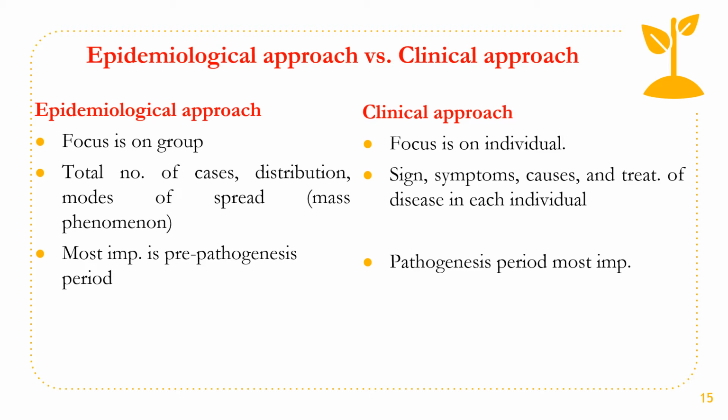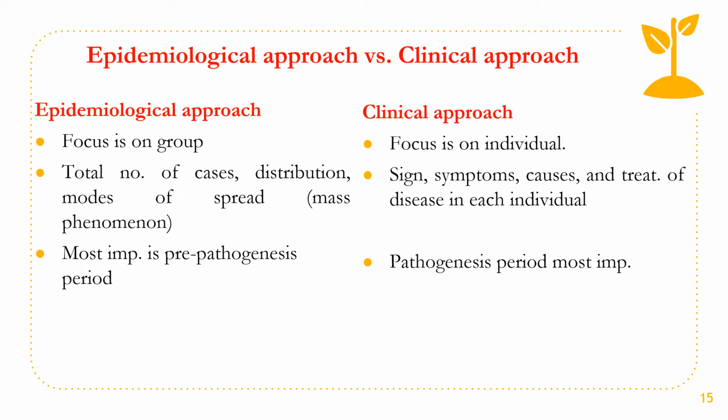But in clinics, if the same COVID patient comes to your clinic, you will be focusing on the single person. So epidemiologists will focus on the larger group: total number of cases, distribution, modes of spread. This is what an epidemiologist will search for. But if the same patient comes to the clinic, as a clinician, we will check the signs, symptoms, causes, treatment, like that.